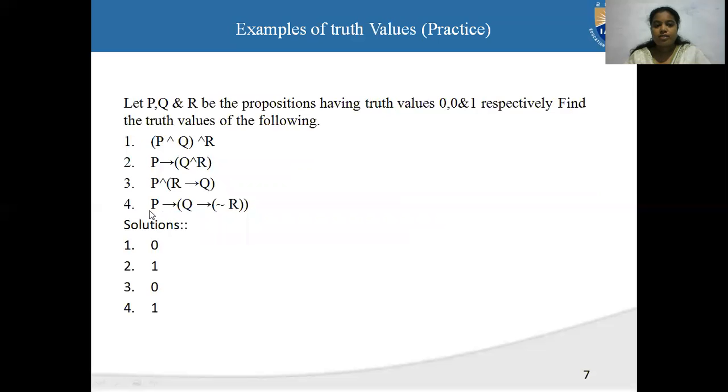Finally, let us take the fourth one. Here you put 0, 0 and 1 values. R is 1, so the negation of 1 means 0 here. Observe 0 here.